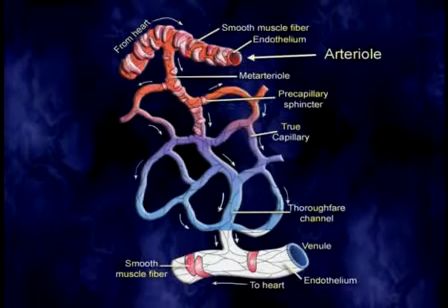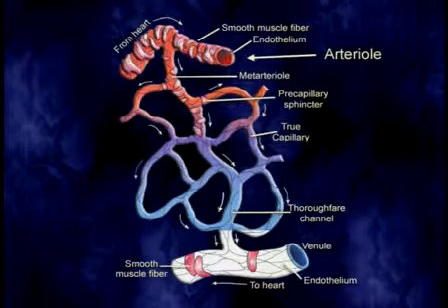Now, if this band of muscles contracted severely, it would shunt a lot of the blood down this smaller arteriole and would get it to the place we want it to go.